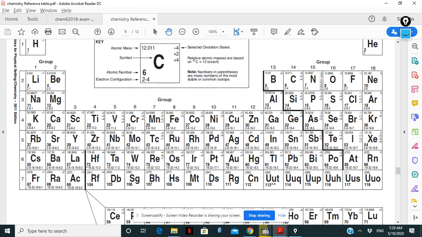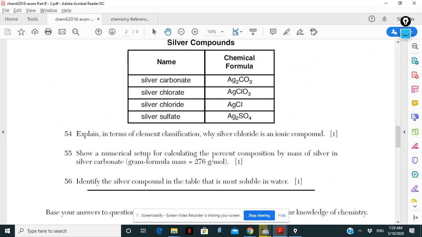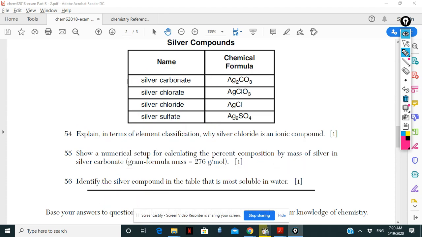It's 107.868. That's how I'm going to calculate the silver composition in silver carbonate.